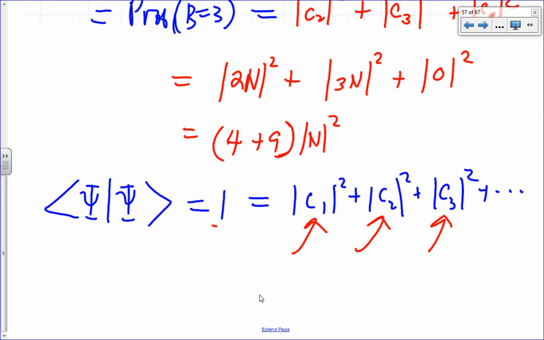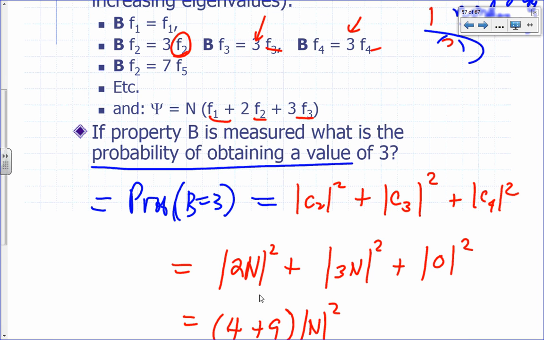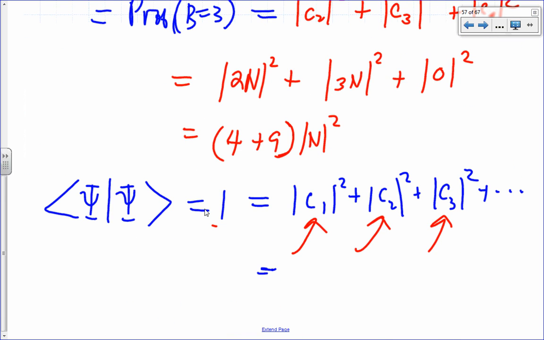So what do we get now? What is C1 squared? N squared, right? What is C2 squared? So that means 4n squared. We've already seen that, right?